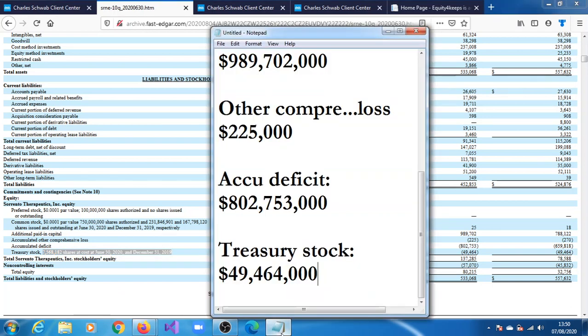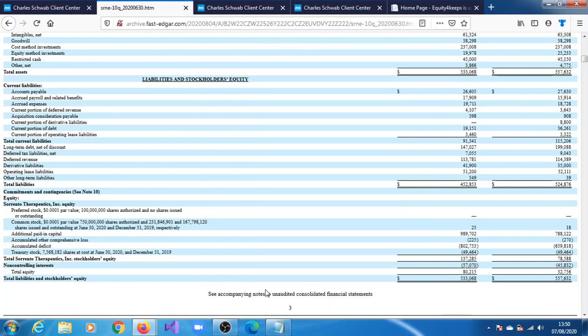So that's what the figure is, 49 million, and so we don't know. It is likely it might be an investment because it is money that was spent.